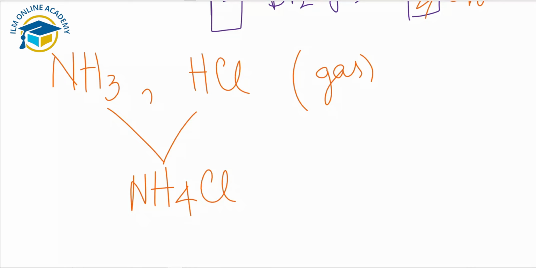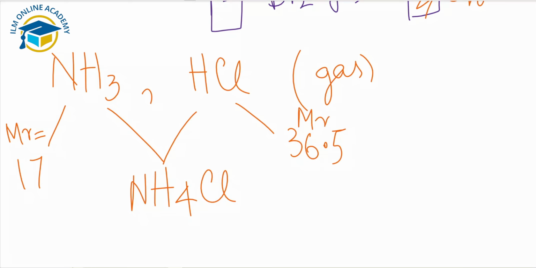The molecular mass of ammonia is 17, and the molecular mass of hydrochloric acid is 36.5. So this is the main difference between these two. This means that ammonia will travel faster and further than hydrogen chloride gas.